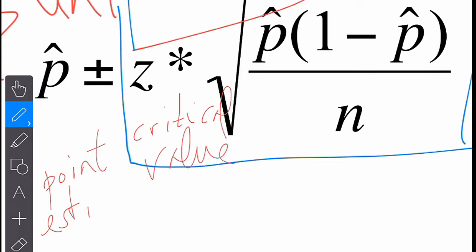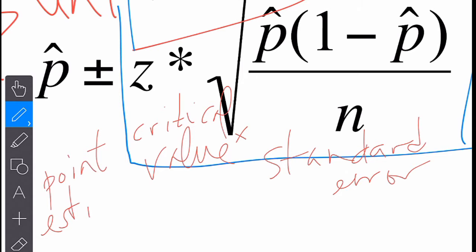And this is the standard error. I keep repeating this because whatever we're trying to estimate, we're going to use the same general approach: point estimate plus or minus critical value times standard error.